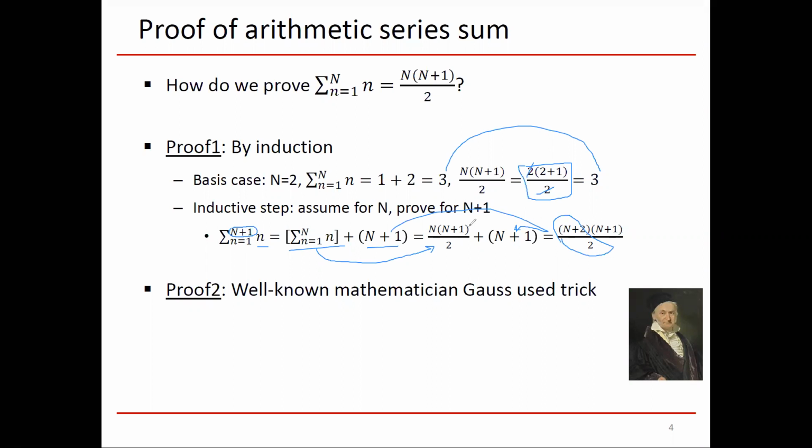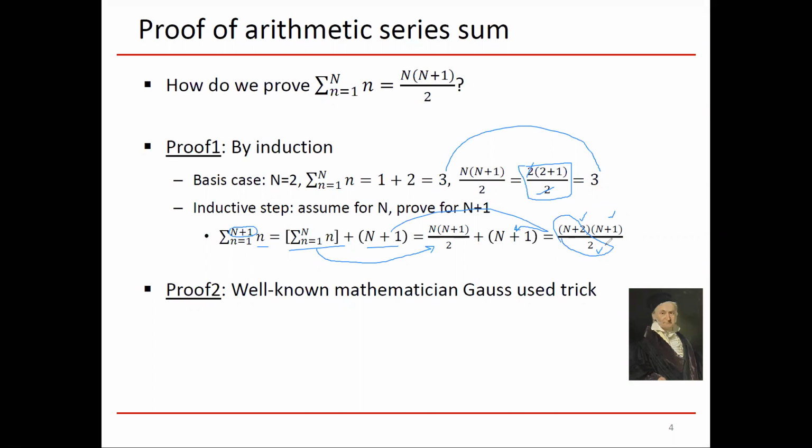And that's what we wanted to prove. In our inductive step, moving to n plus 1, we wanted to show that the summation is equal to the number of elements, n plus 1, times the number of elements plus 1, n plus 2, divided by 2. So we're done. That's the first proof.